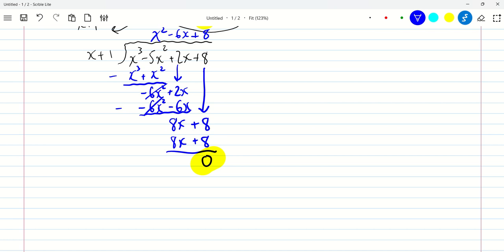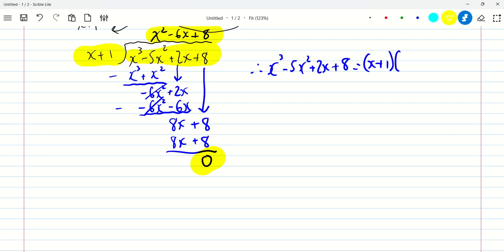And so what this means is that x cubed minus 5x squared plus 2x plus 8 is equal to x plus 1 multiplied by, and my answer was this here. That's what it's equal to. When we divided this by this, we got that.